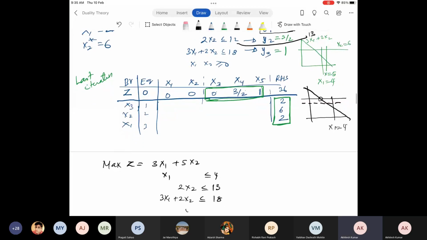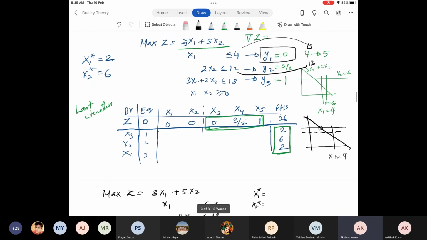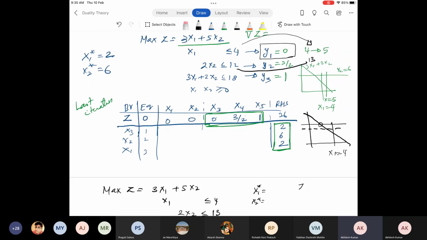Solve this problem graphically and tell me the value of x1 star and x2 star. And obviously, let me call it G dash, so find the value of G dash star. Give me these three values, then I will try to explain what shadow price means.